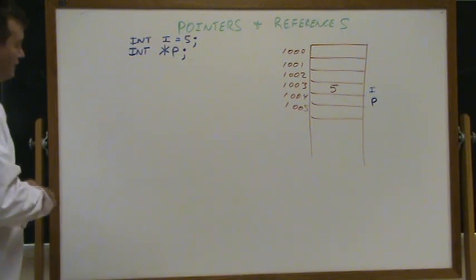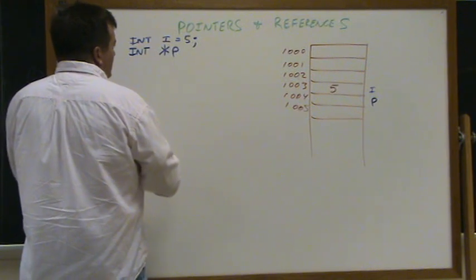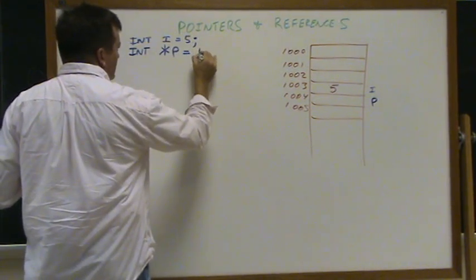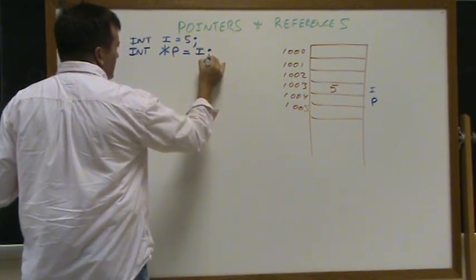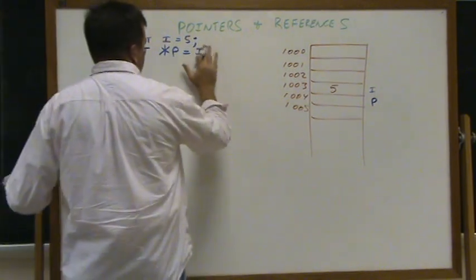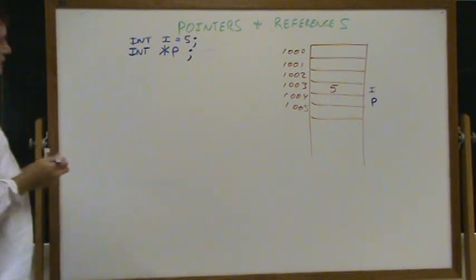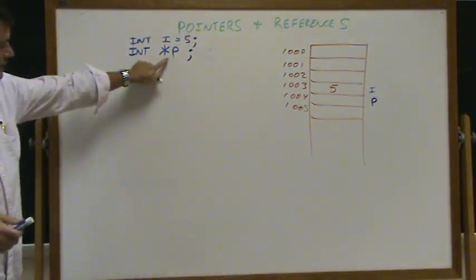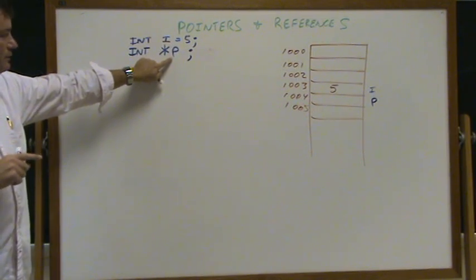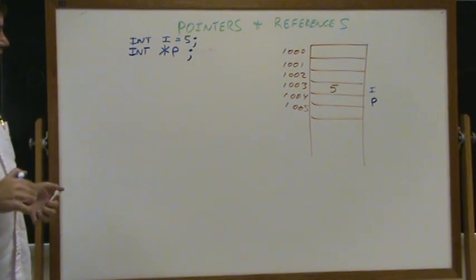Suppose now in my code I said, well, let me do this. Let me assign this. Hold on. Let me do this instead. P, so what this is saying is that P is not an integer. We don't store integers into it, but we store the address of integers into this location.